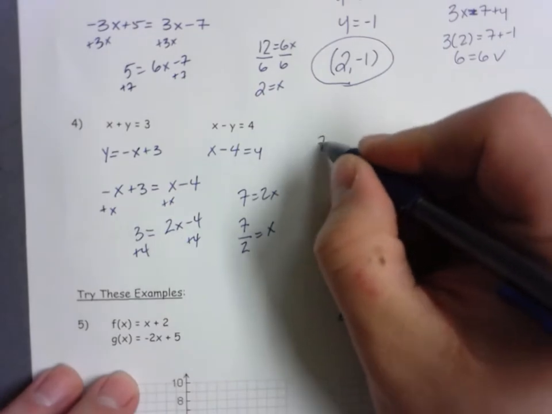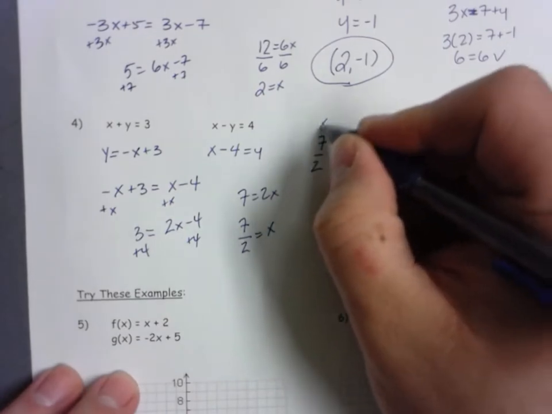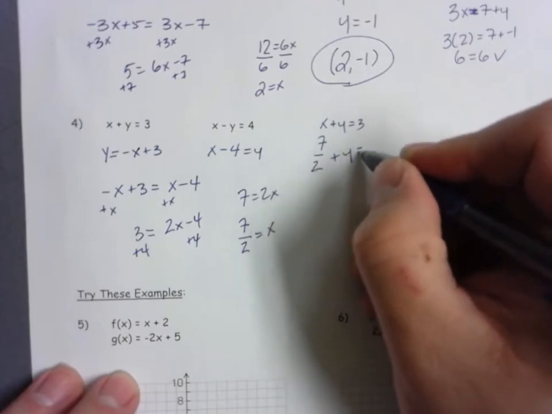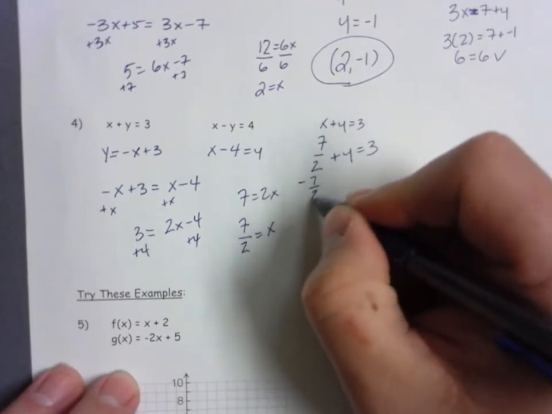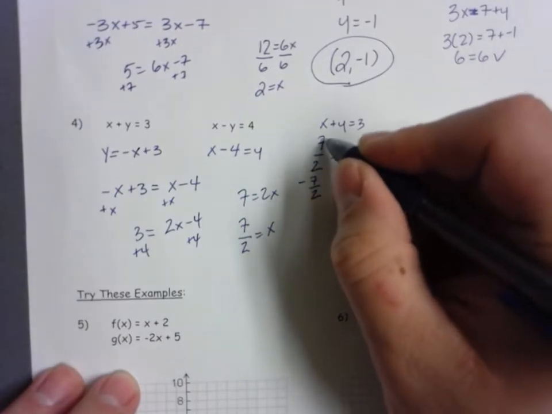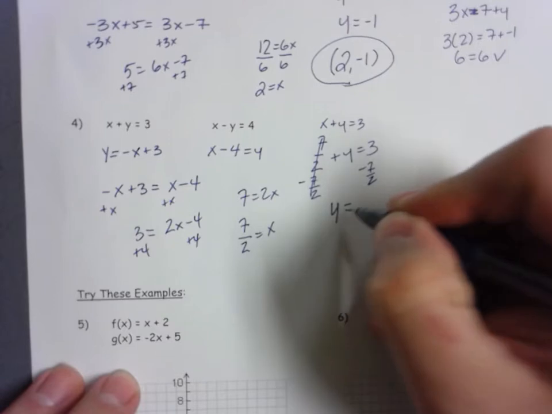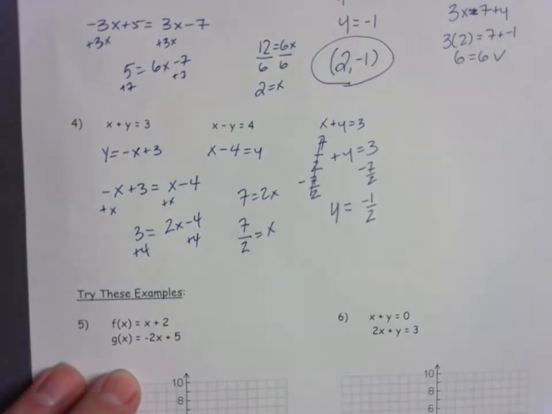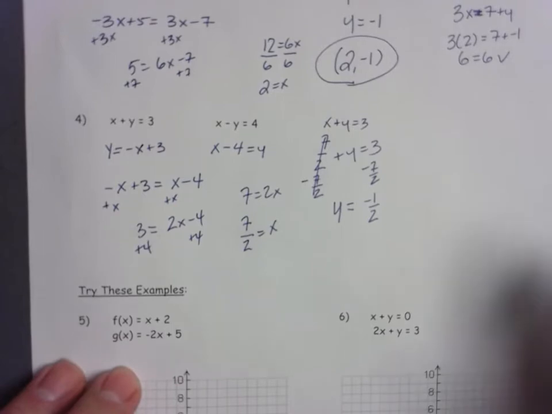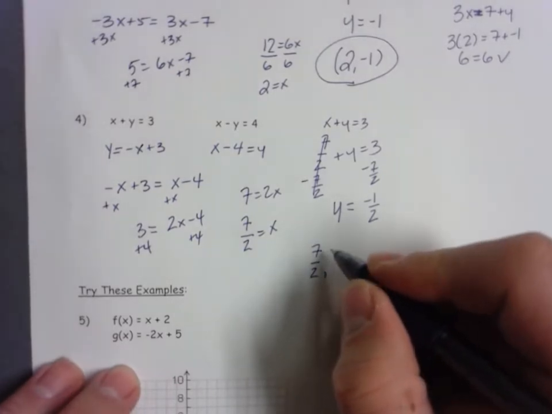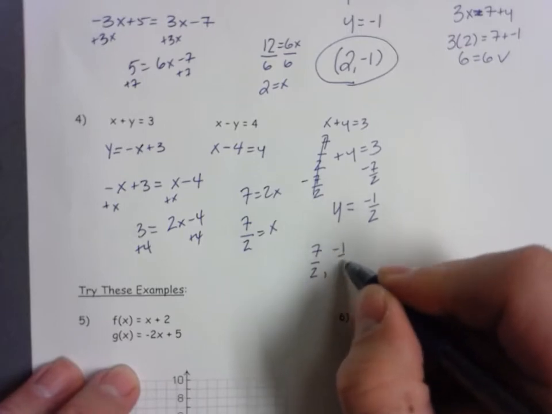So I'm going 7 halves, so it's x plus y equals 3. 7 halves plus y equals 3. Minus 7 halves on both sides. That, of course, cancels. Y is now equal to negative 1/2. So my intersection is at 7 halves, comma, negative 1/2.